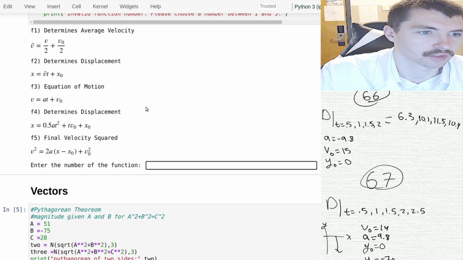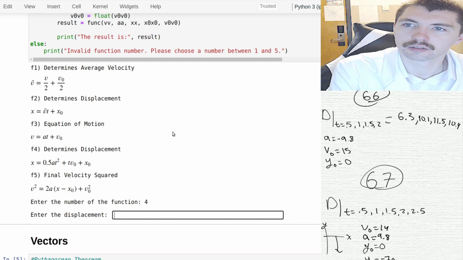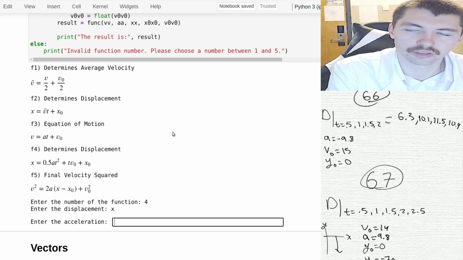Let's try this for displacement, what we're solving for.